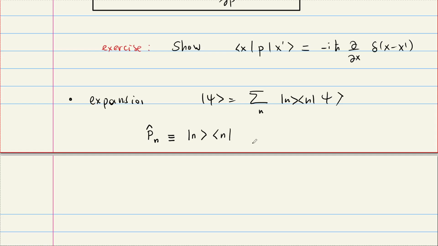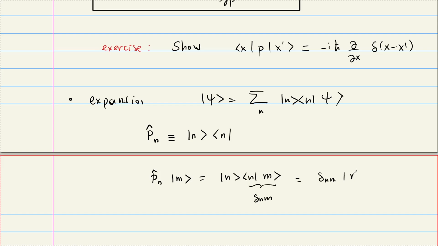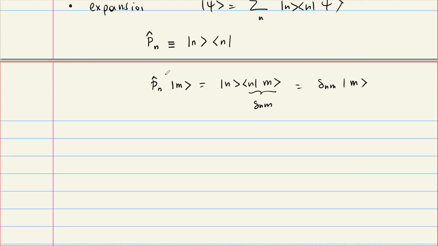Let's try P n times m is going to be n, n m. So this is delta n m. Then this is going to be delta n m times m. So it hits on anything, and if the index is equal to what you are trying to project, it picks it up. Otherwise, it gives 0. It's like a projection operator.